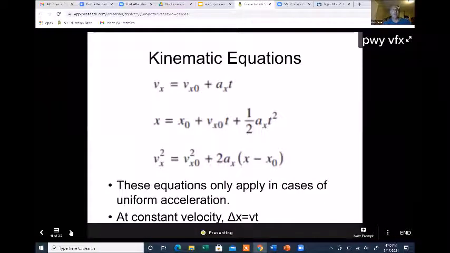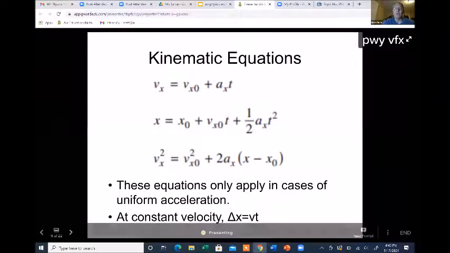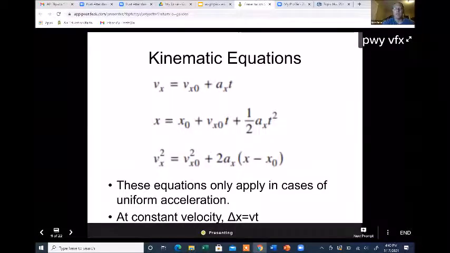So I'm hoping these equations look familiar to you. These are the kinematic equations, and you should have used these a lot in your class already. The first one is final velocity equals initial velocity plus acceleration times time.